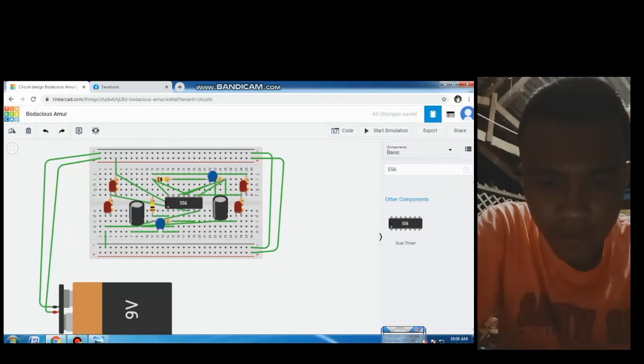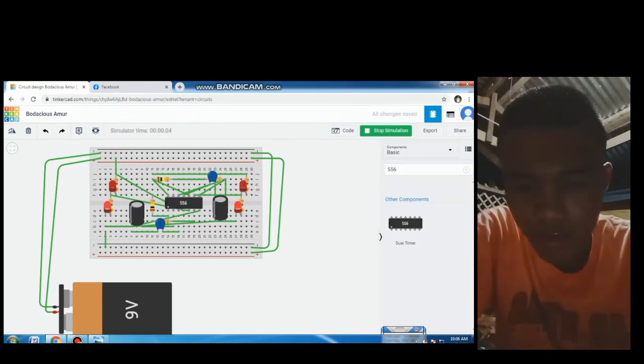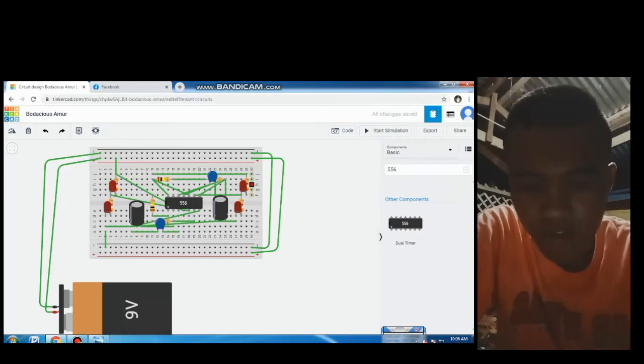And now let's try. Okay, and now we see the 4 LED was blinking.